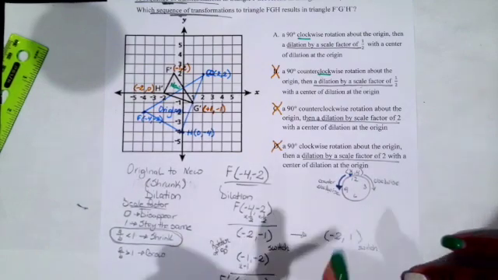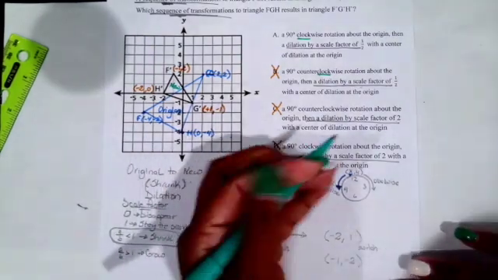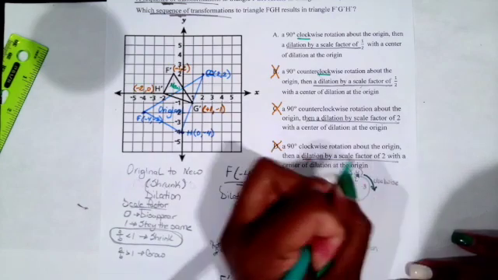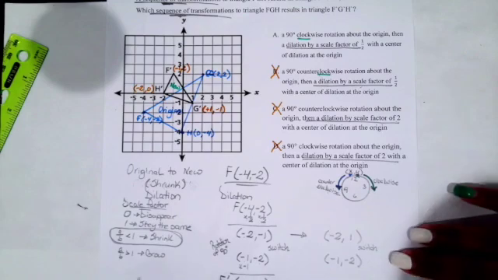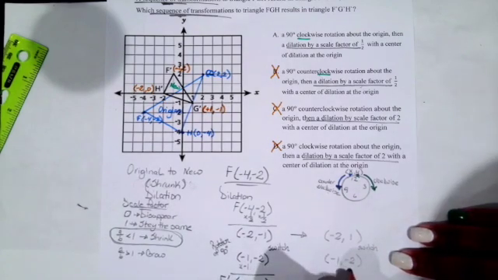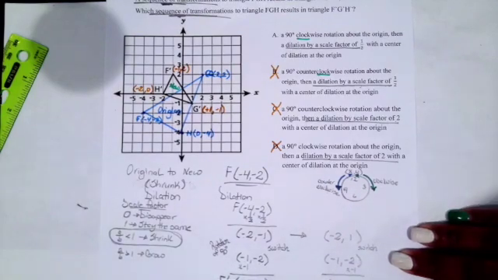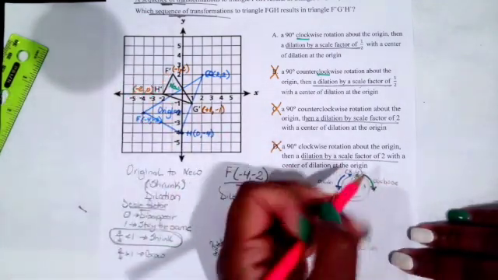And we're switching because of the rotation. But now in this case, since I'm going clockwise, I'm going to do something to my Y value, which means I'm going to negate it, which means I'm going to multiply my Y value only by -1. And you will get -1, 2 as your F prime, which is what's here. So that means it was clockwise.